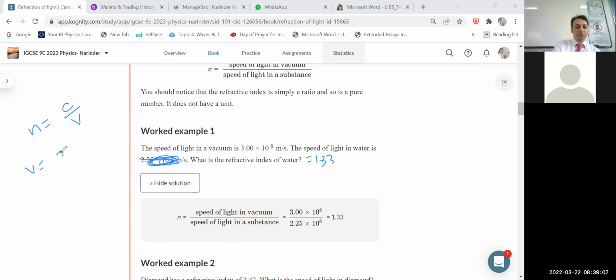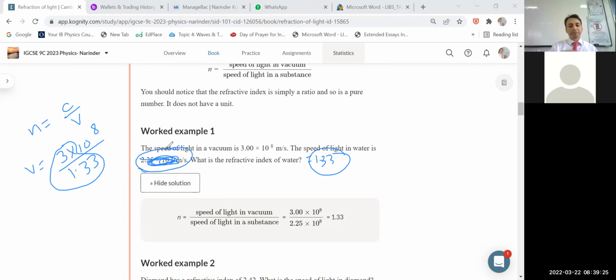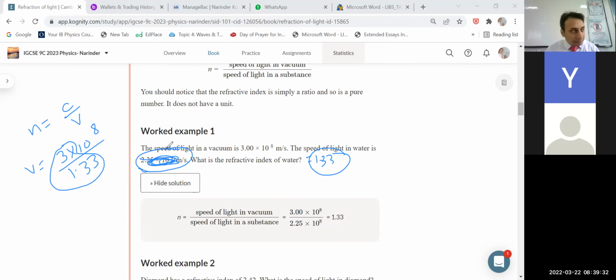This v equals 3 times 10 to the power 8 divided by n, and n is 1.33. Now please someone divide 3 by this value. I hope you will get the same value this way. 2.25, again times 10 to the power 8. So that is meters per second.